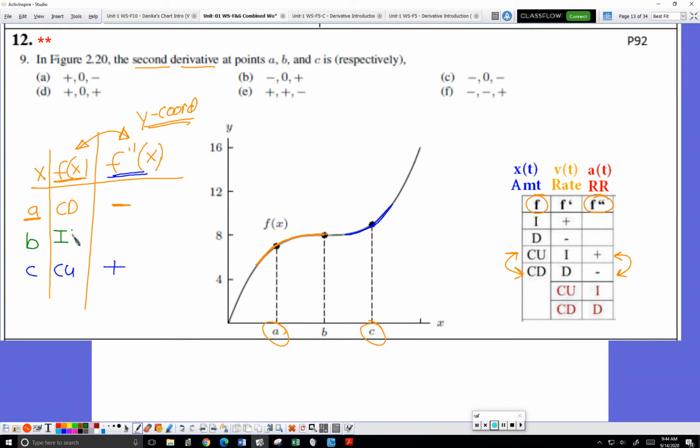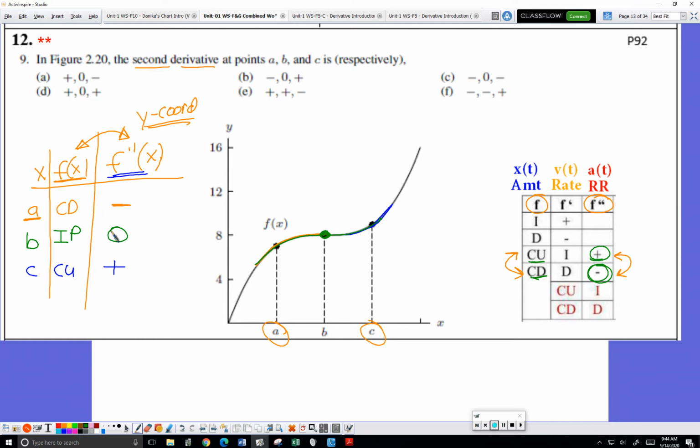We talked about that in the previous packet, meaning the concavity of F is changing from concave down to concave up right there. Look at Danica's chart. If F is not concave up or concave down, F double prime can't have positive or negative y-coordinates. Therefore, the y-coordinate on F double prime at an inflection point on F is likely to be 0, although it could be undefined. Questions?